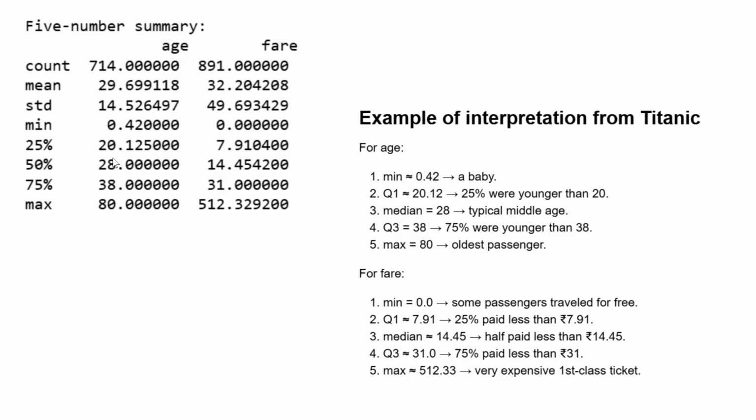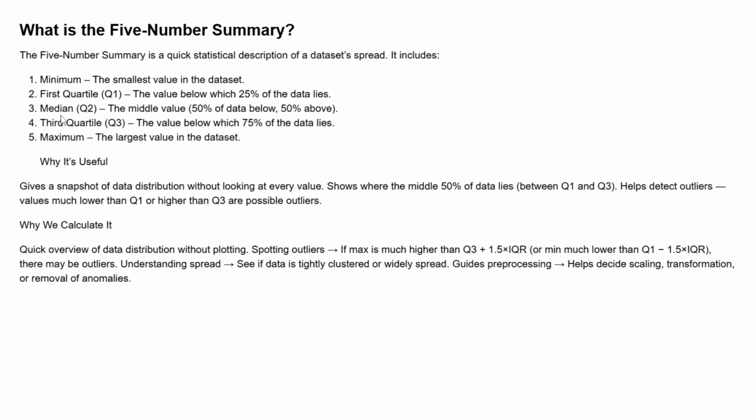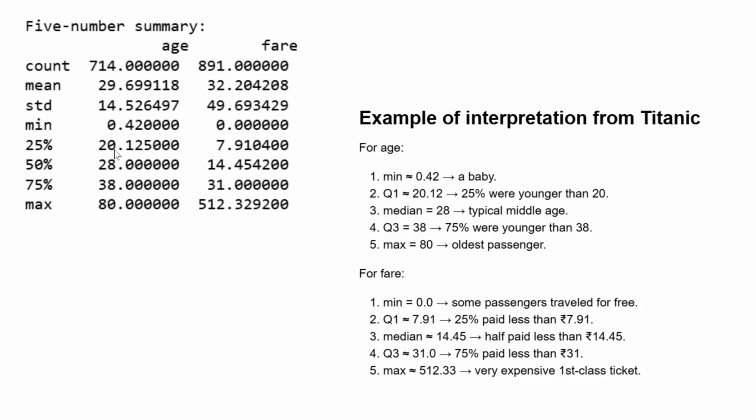Then for 25%, that is Q1, it has a value of 20 point something. That means 25% of the passengers were younger than 20, because Q1 gives you the value below which 25% of the data lies.